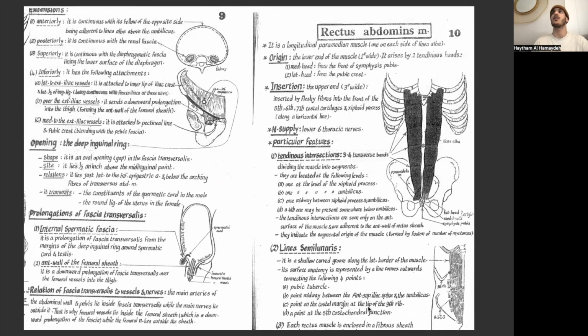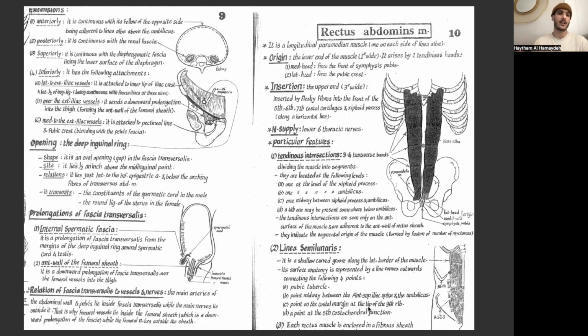And I think it's very important to know those fascias with the muscles because you're going to be talking about, I forgot the structure, but those layers surround that structure.